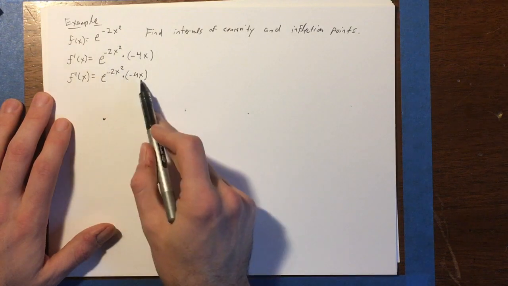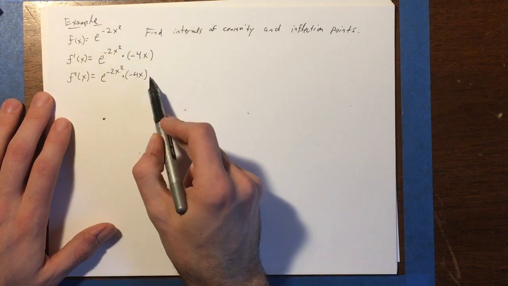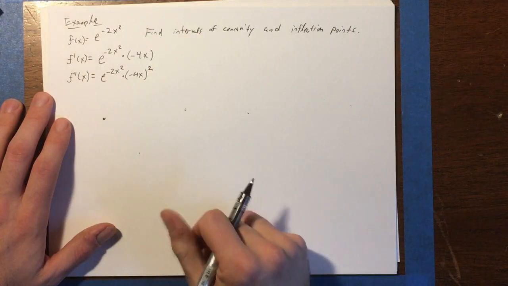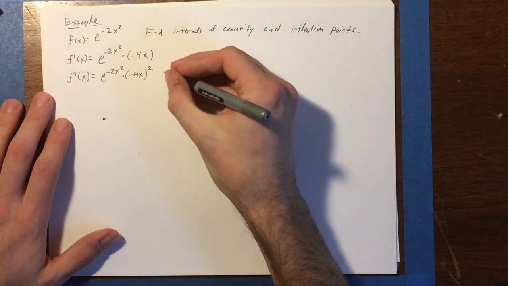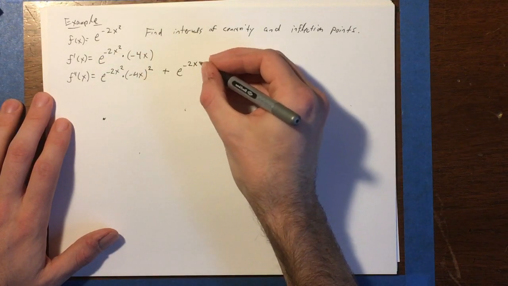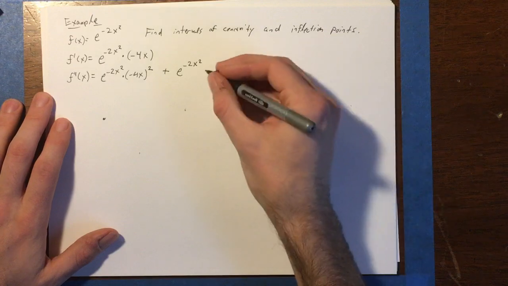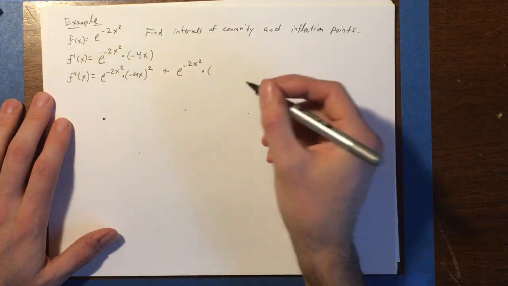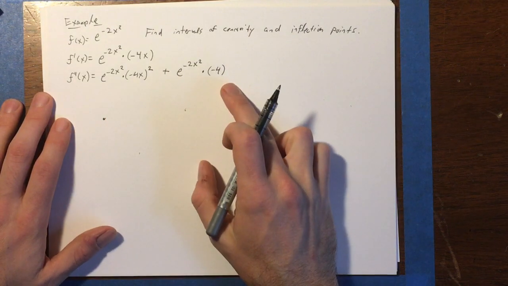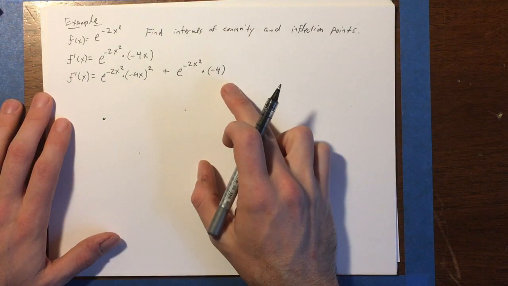So that's the derivative of the first one, times the second one, which is negative 4x again. So actually I'm just going to put squared on that, since there's two of them. And then plus the first function just by itself, not differentiated, times the derivative of the second function, which the derivative of negative 4x is just negative 4. So there's the second derivative by the product rule.